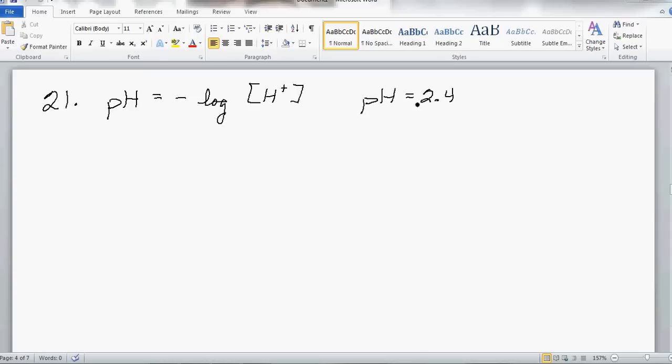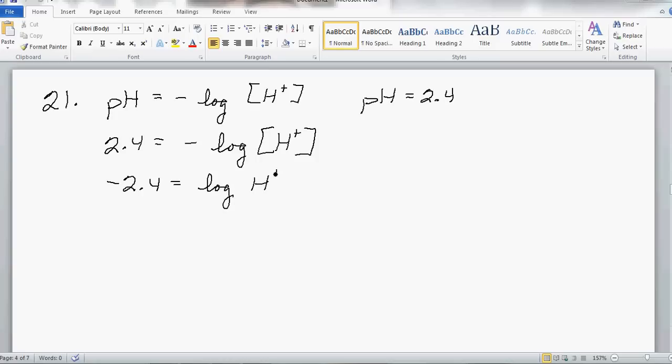Well, this is just to substitute in 2.4 here and solve. So we get 2.4 equals the negative logarithm of the hydrogen ion. Negate both sides, so negative 2.4 equals the log of H positive.